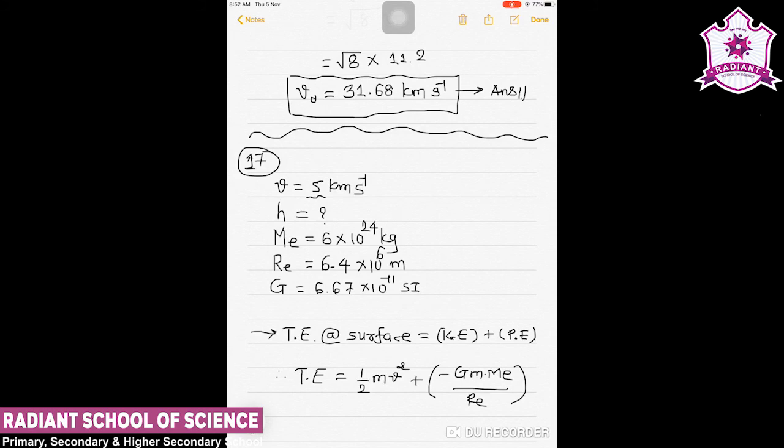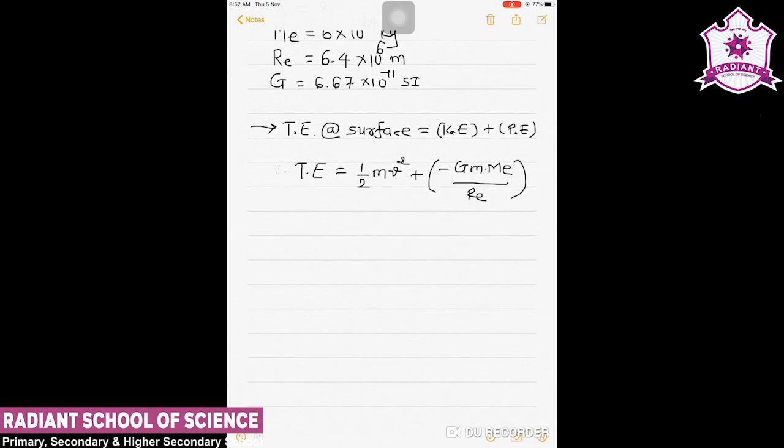Now in the same way, suppose at the highest point its velocity becomes 0, and therefore the kinetic energy will also be 0.